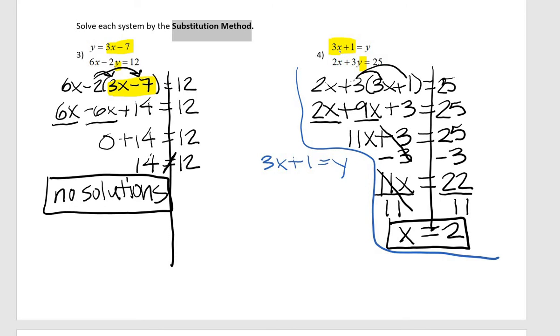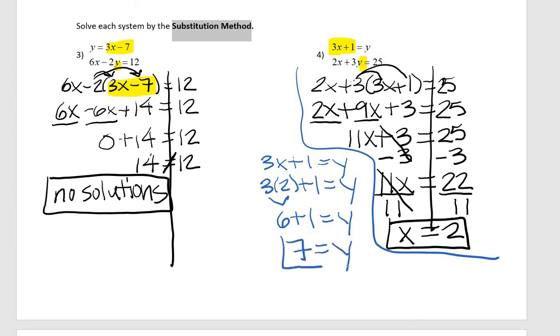But instead of x, I'm going to plug in 2, since I now know that x is 2. So 3 times 2 plus 1 equals y. 3 times 2 is 6, plus 1 equals y. 6 plus 1 is 7. So y is equal to 7.